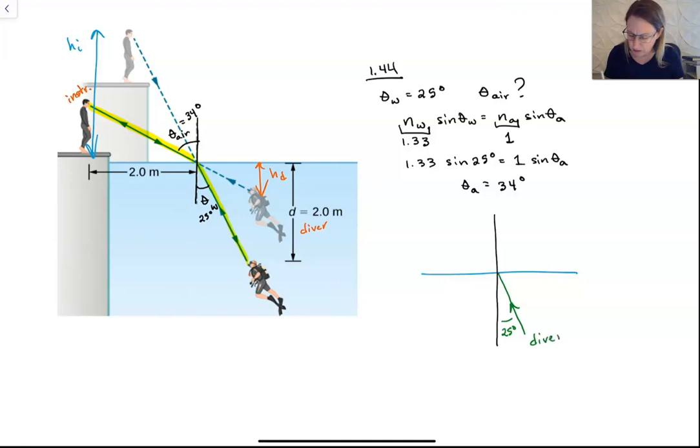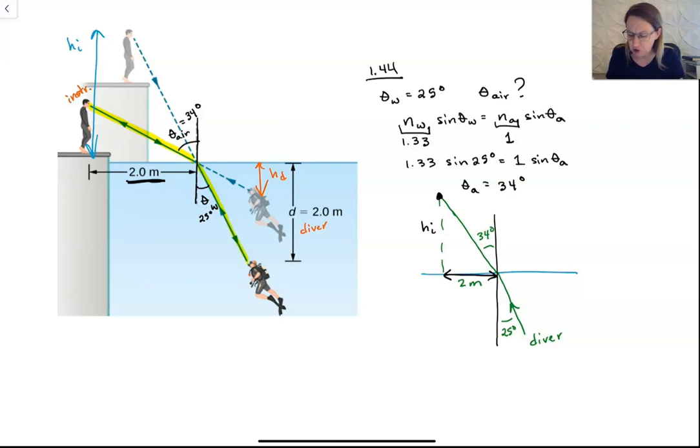So the diver is down here looking up, and this angle kind of comes out like this, so it's not such a big variation, to 34 degrees. The question really becomes, where is this instructor located height-wise, if he's still, of course, 2 meters away, which is what this diagram shows? So what is this height of the instructor? The top of the instructor's head, basically, is what we're interested in.